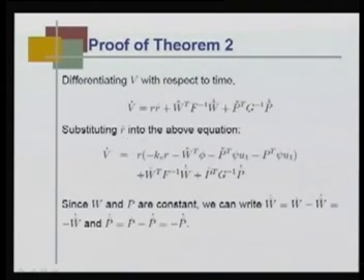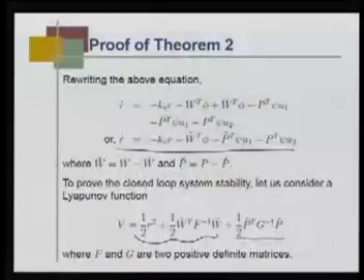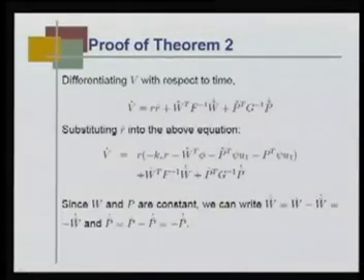Substituting r dot, which is the closed loop dynamics we found, into the above equation, V dot becomes this.